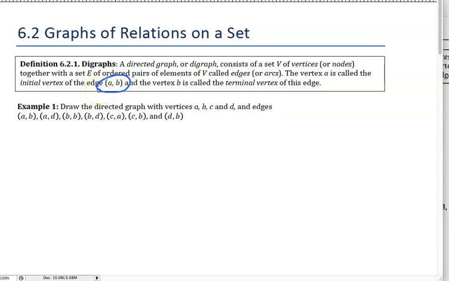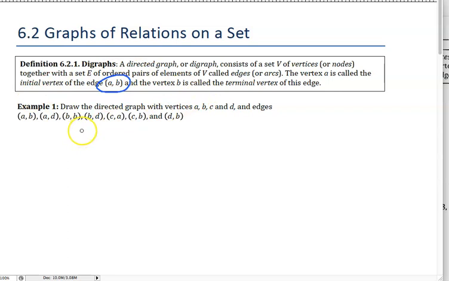It gives you the initial, the starting point, which is A, and B is the terminal point. Digraphs are directed graphs where the starting and ending point matter. You're going to have an arrow pointing from A to B, from the initial to the terminal.